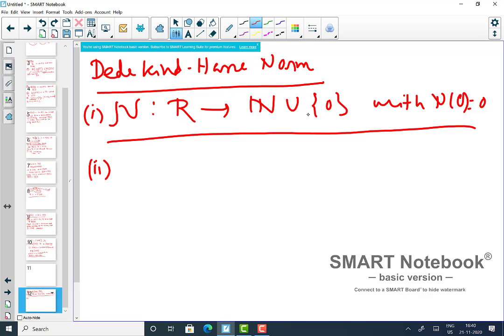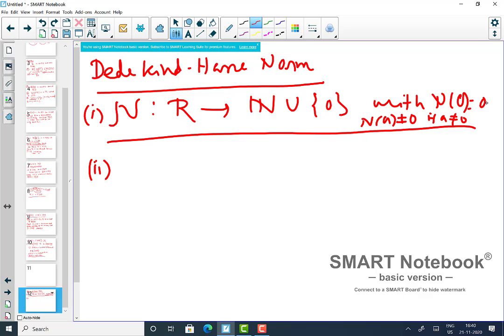The first condition is that this is a map. The second condition is that I need some positivity: N(a) is not equal to 0 if a is not equal to 0. So this is a positive norm, only 0 goes to 0.